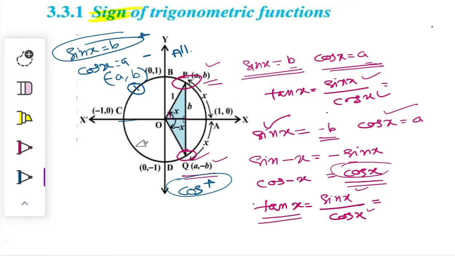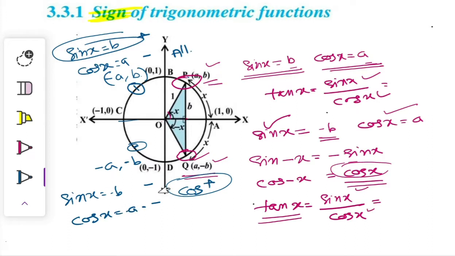And in the third quadrant, suppose both are negative: minus a comma minus b are the points here. Therefore, sin is negative and cos is negative. Sin x equals minus b, that is negative, and cos x equals minus a, that is also negative.